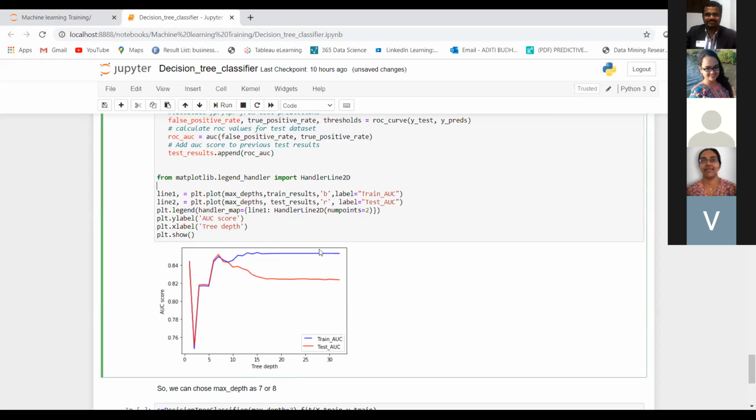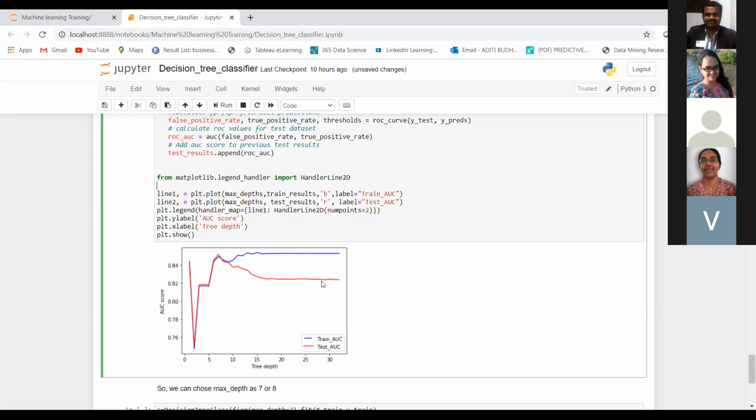The blue one is my training data set and the red one is my testing data set. The accuracy for my training data set has increased, but the accuracy on my testing data set has decreased. So this is the problem of overfitting, where my model gives a higher accuracy score on my training data set, but lower accuracy on my testing data set. So we do not want this.